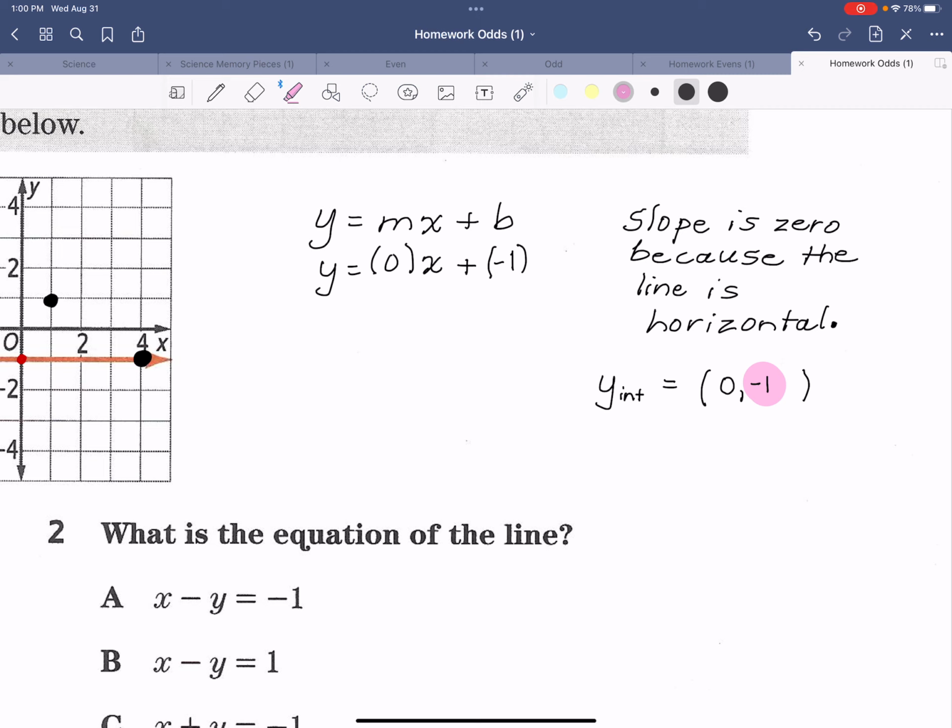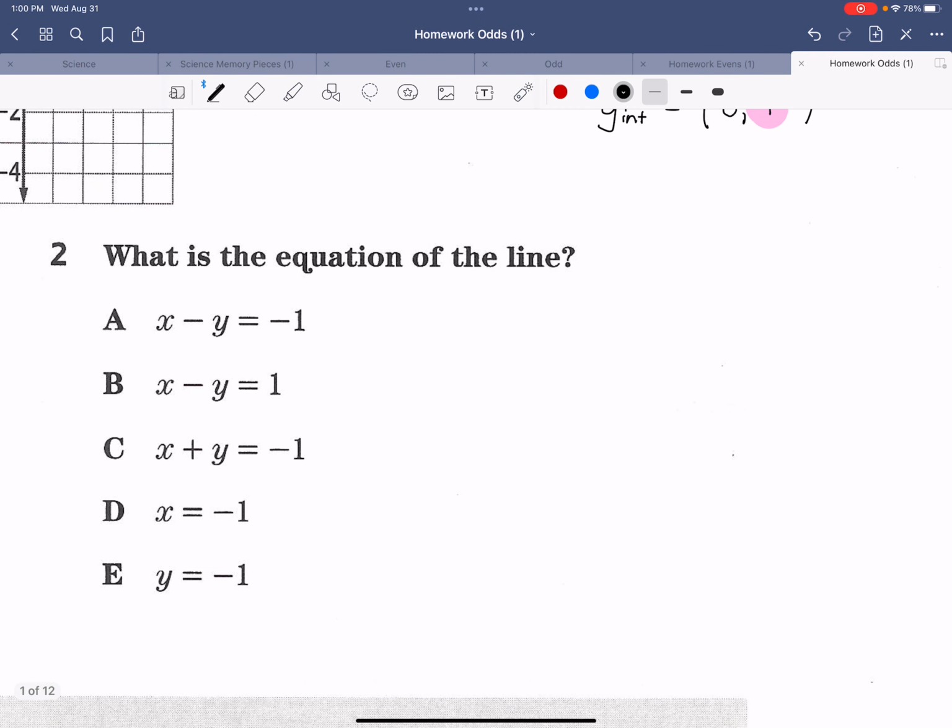And that becomes your -1 up here. That is the little b. Okay, so if you multiply anything times 0, that becomes 0. And this is -1. So y is -1. And I'm liking answer E for this one. Y equals -1.